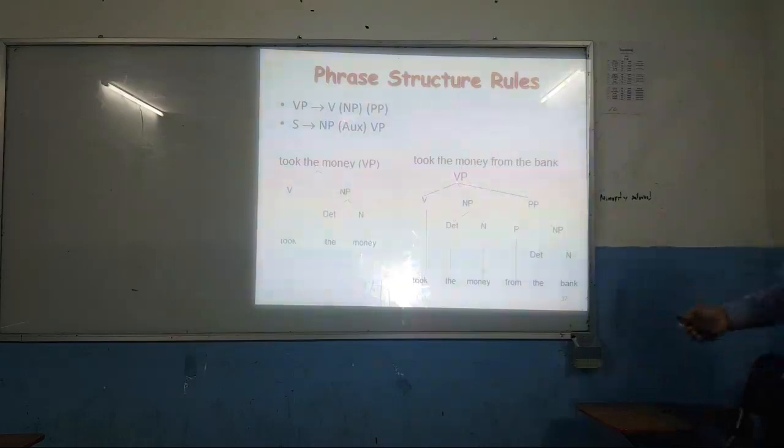We should have a verb phrase now. We have took as the verb, the is the determiner, and money is the noun like the previous one, so we have the noun phrase. And it also has the other part. So this one did not draw from here, but from this one.